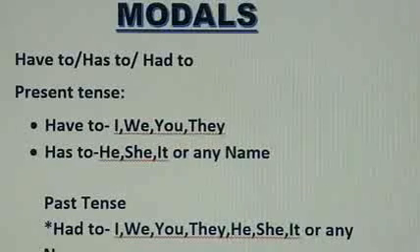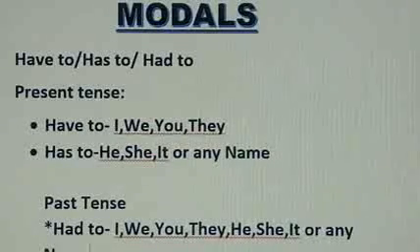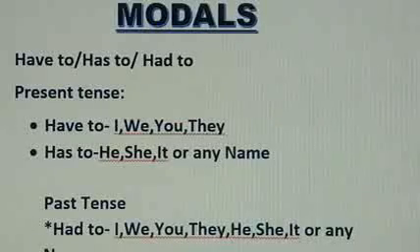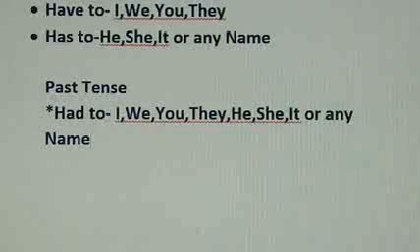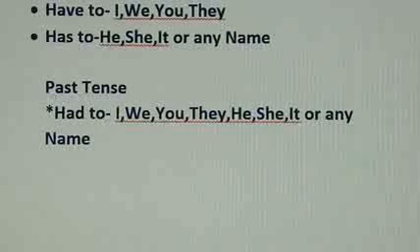Right? Now, dear children, let me explain it to you. What is the meaning of has to, have to, and had to? Dear children, in our life, as I have already told you, have to, has to, had to, or sometimes you will see will have to, which is used in future tense. Okay, so dear students, sometimes in our life it happens that we don't want to do something, and we are compelled to do that thing.